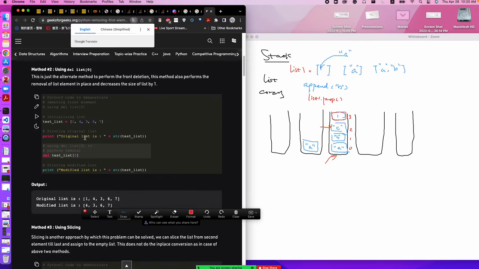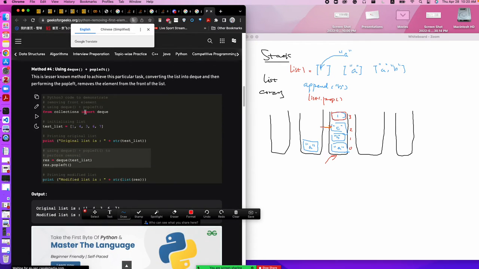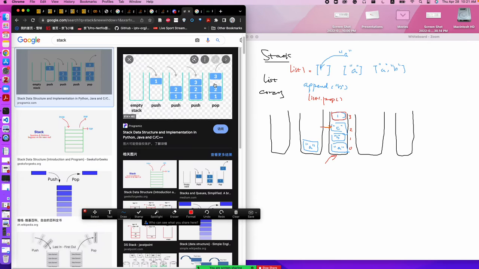Not slicing, deque, maybe pop 0, right? So if you just call the Python pop, it will just remove this last one.